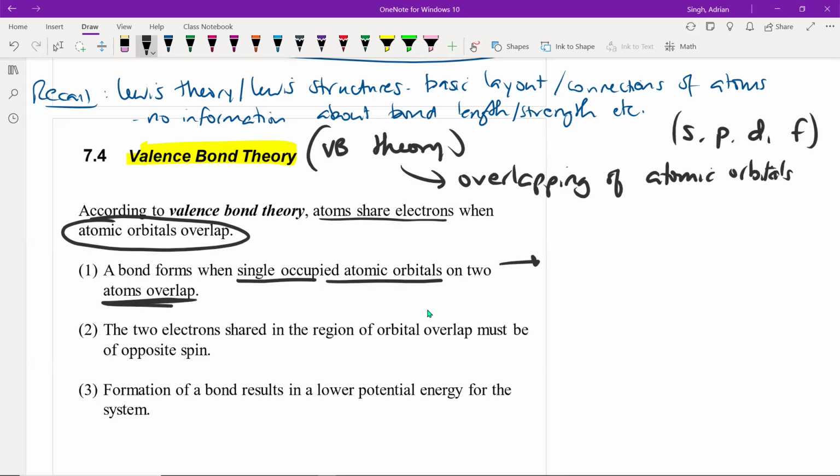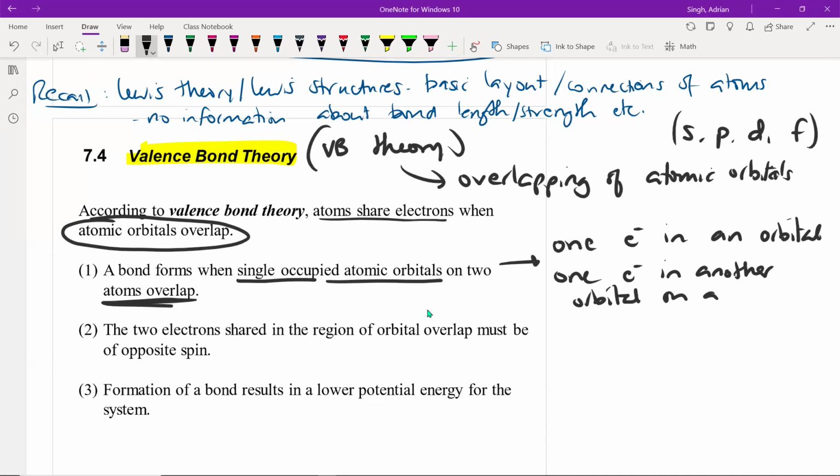So we need to have one electron present in an orbital, and we need to have another one electron in another orbital on a different atom.